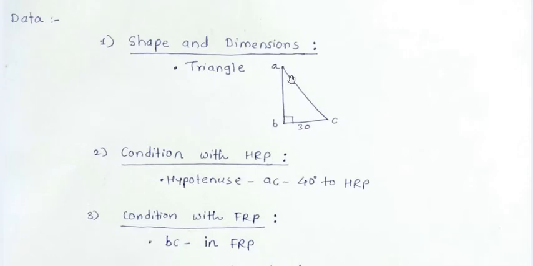Hypotenuse, which is line AC, is inclined at 40 degrees to HRP. One important thing to note here: hypotenuse makes angle means the true length of the hypotenuse makes the angle. So by default this condition is that the true length of the hypotenuse is at 40 degrees to HRP.